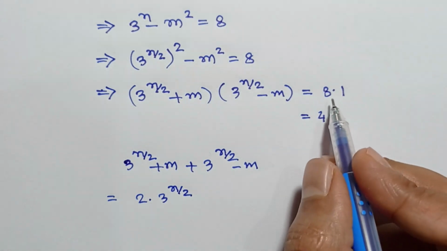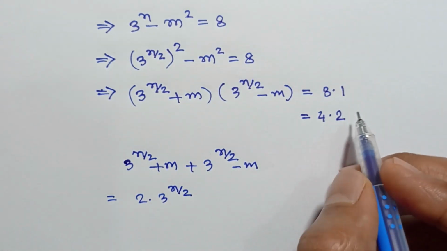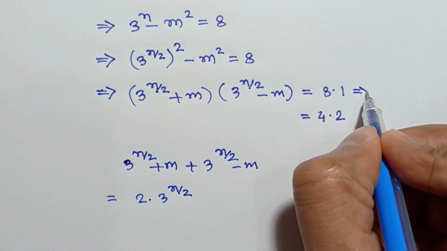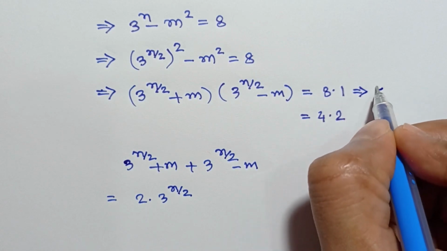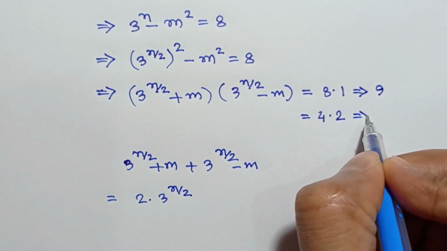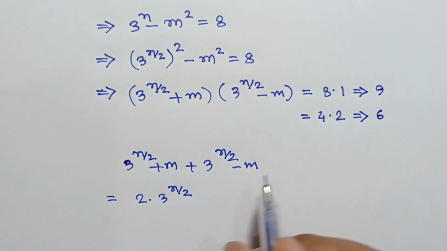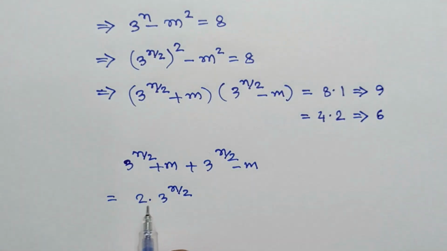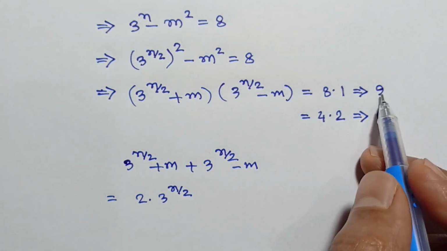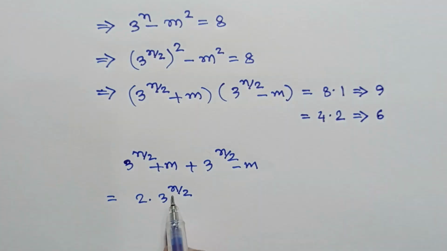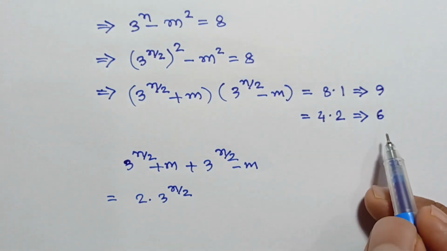Now the sum of the right side factors will be 8 plus 1 is equal to 9, and in the other case 4 plus 2 is equal to 6. But the left side is a multiple of 2, so this cannot be 9 for an integer solution, so it will be equivalent to 6.